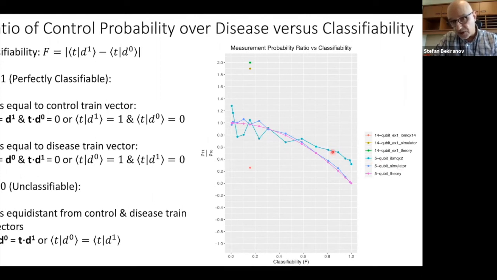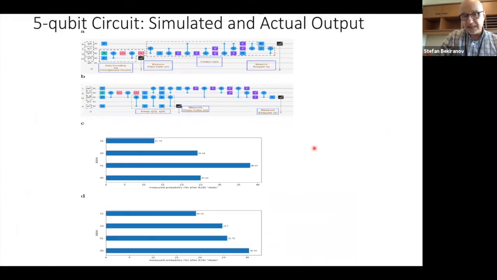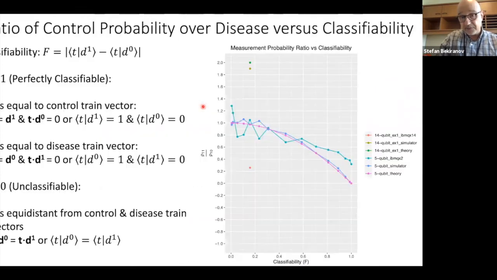Now this curve, which is kind of greenish, that's the actual IBM 5 qubit quantum computer. It's not perfect by any stretch, but it's not horrible. It's a pretty complicated circuit, right? So not bad, at least in my view.